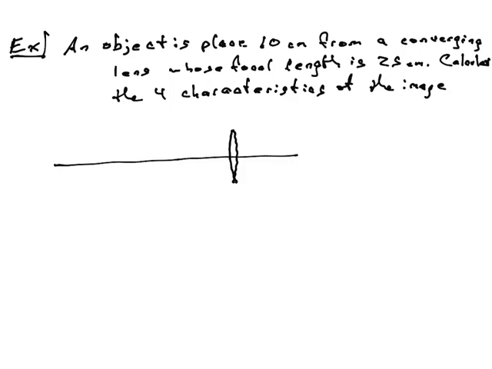Let's say focal length is here. Okay, so from here to here is 25 centimeters. And the object is at 10, which is, let's say, here. So from here to here, that's 10. Object distance, focal length.